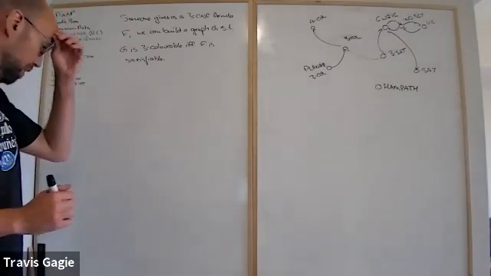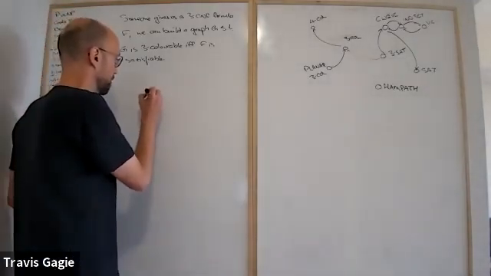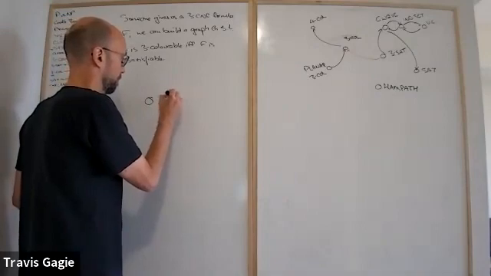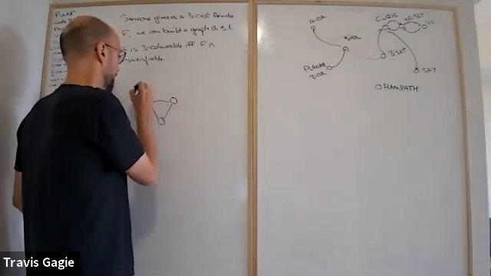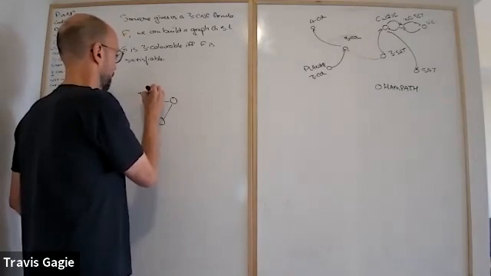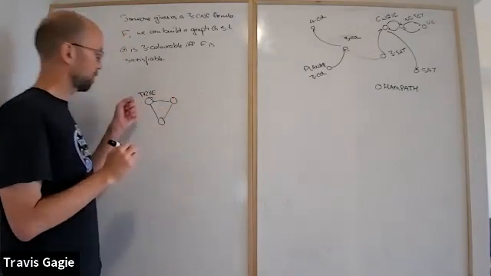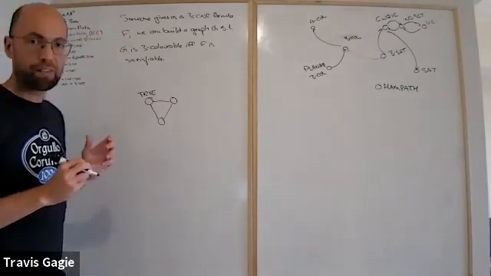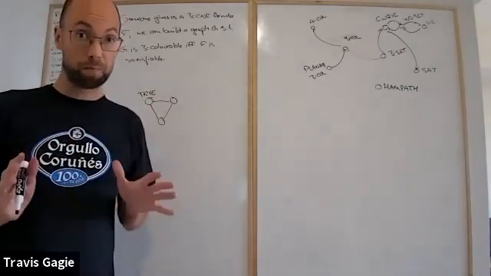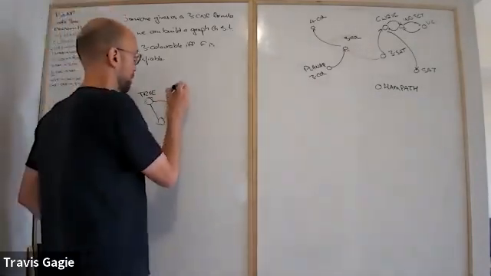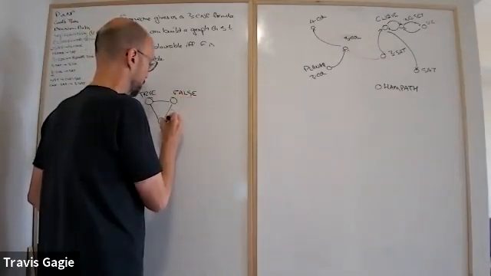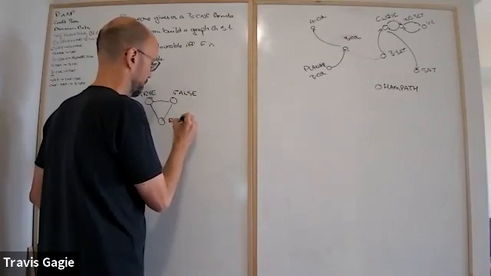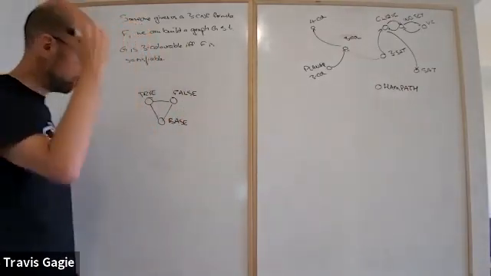But the idea is, we start with a triangle. Whatever color this vertex gets, we're going to call that color true. And we're going to call this one false. And we're going to call this one base. Okay.